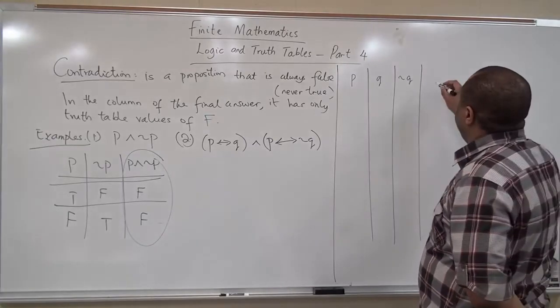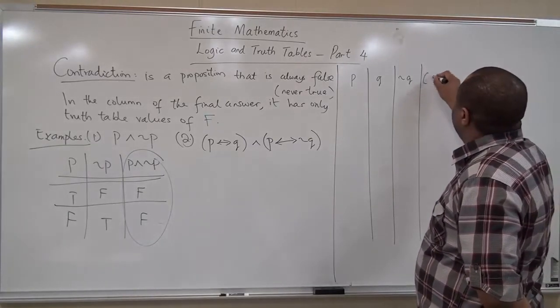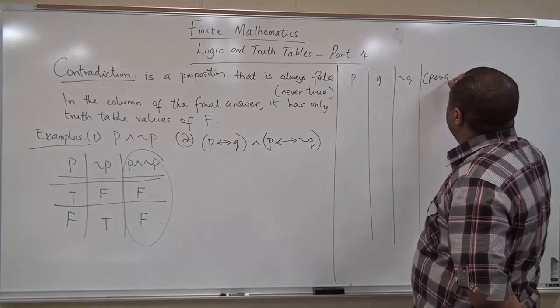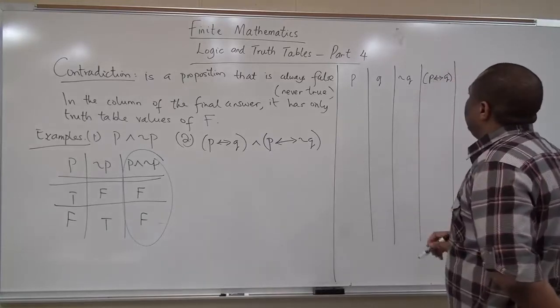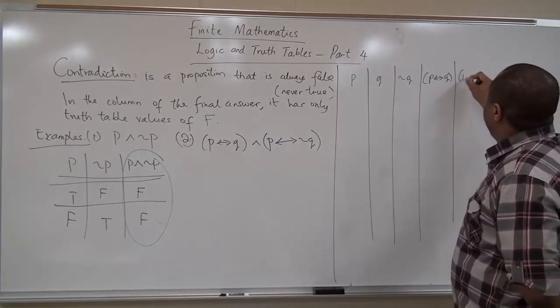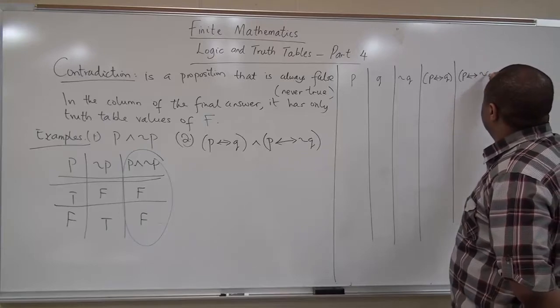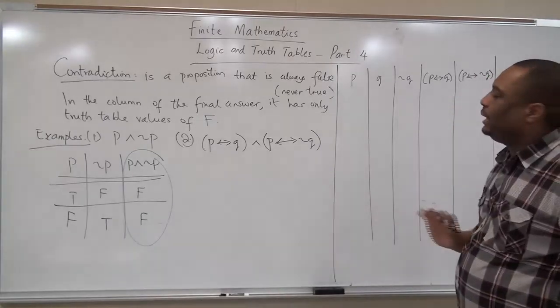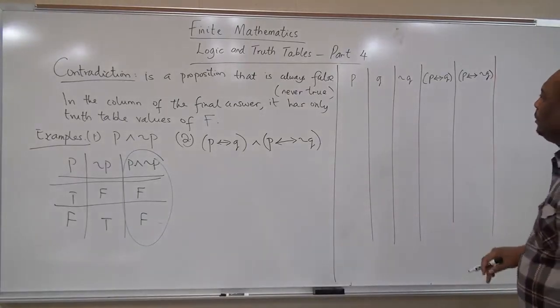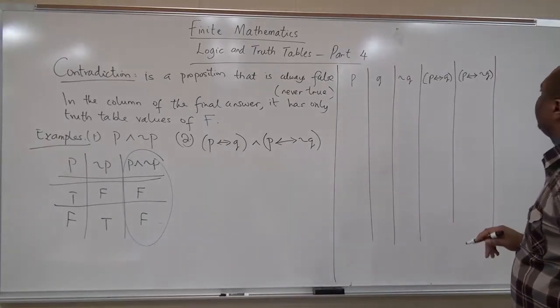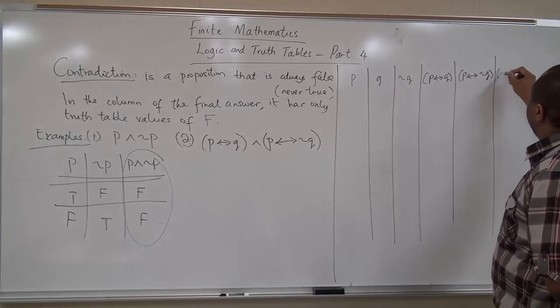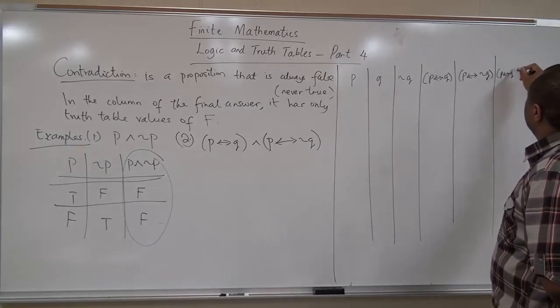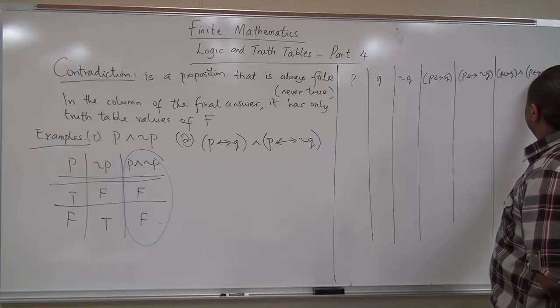Then P if and only if Q, then P if and only if not Q. This is the way you put it, and you won't have problems on it. Then P if and only if Q, and P if and only if not Q.